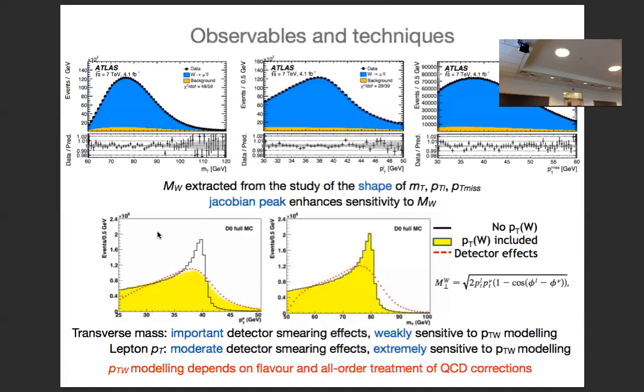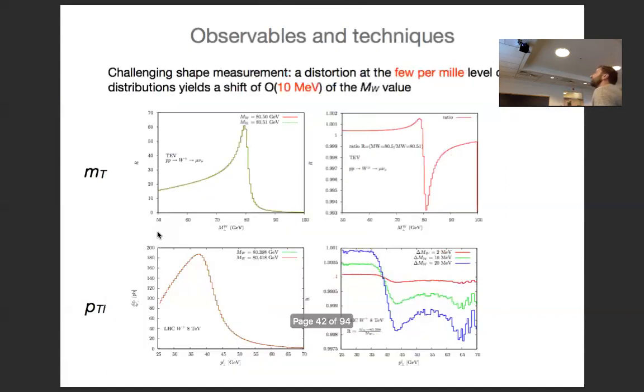And for the lepton pT, the pTW modeling is really important, because it extremely modifies the shape of the lepton pT observable. So I anticipate a large effect of pTW modeling on lepton pT and a moderate effect on the transverse mass.